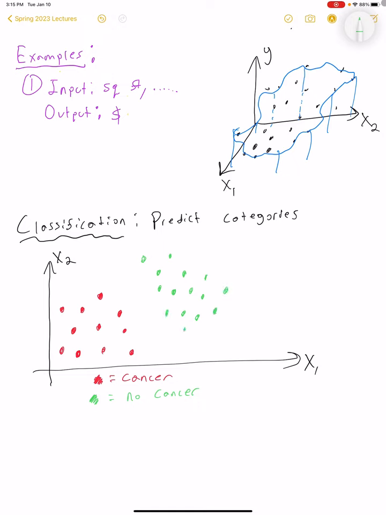These could be blood reading values, the color of a potential tumor, the size of a potential tumor, any numerical value that might be associated with cancer.